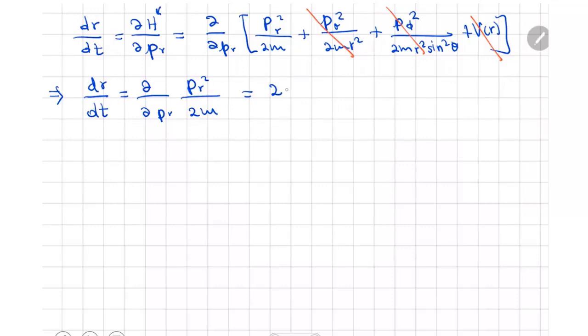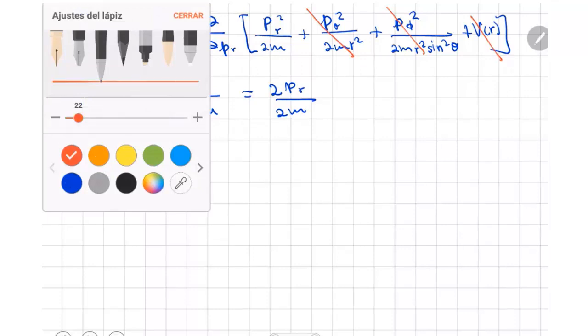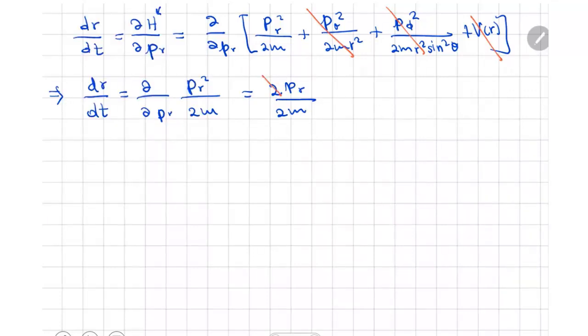We get 2p_r divided by 2m, and the 2 cancels with this 2, and we get p_r divided by m.